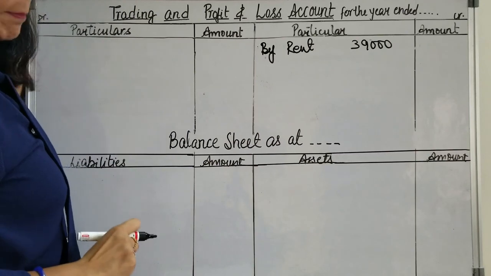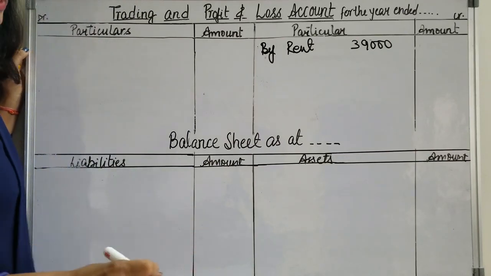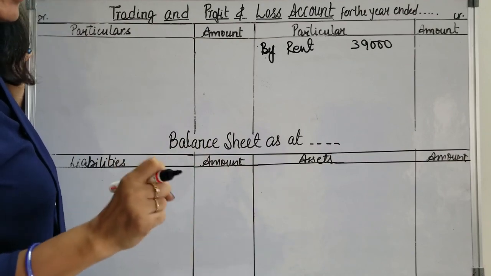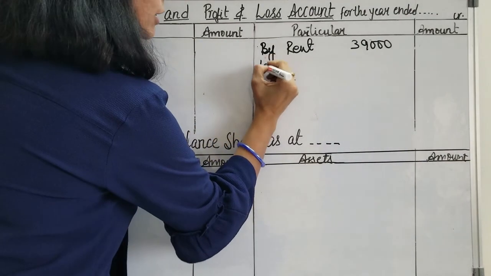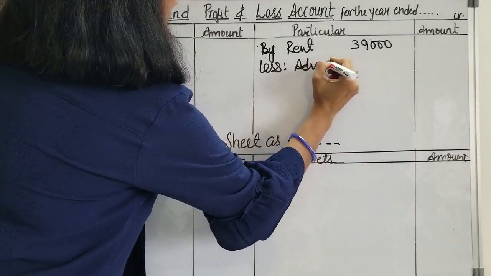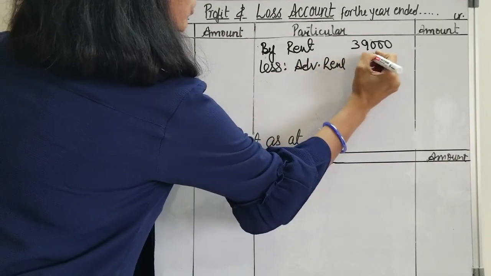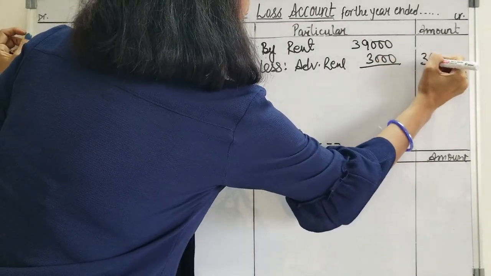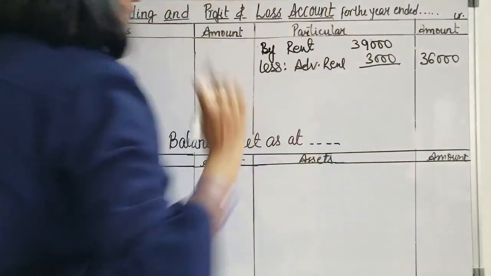Then the adjustment part. Here the rent received but not earned amount, that is rupees 3,000, is our advance income, which actually does not relate to this year. So we will deduct that advance rent of rupees 3,000 from the amount of our rent. So the net rent will be 36,000.